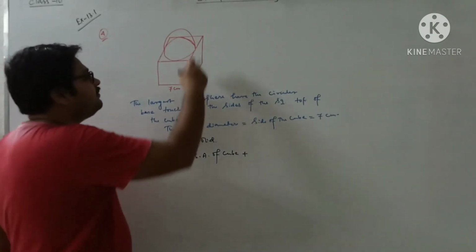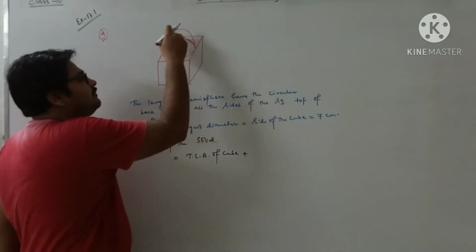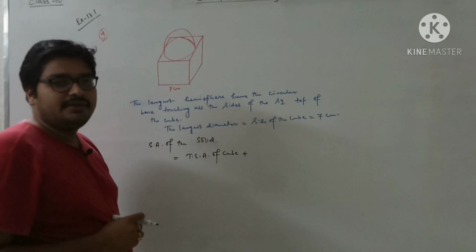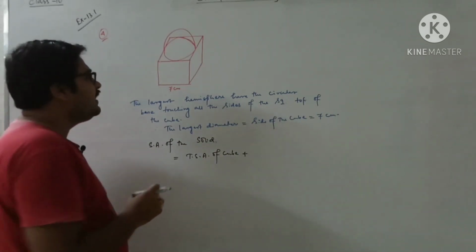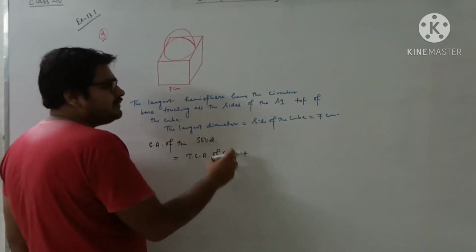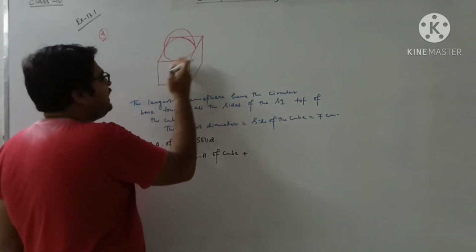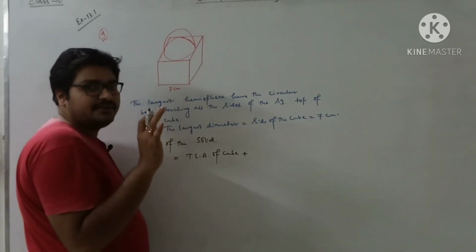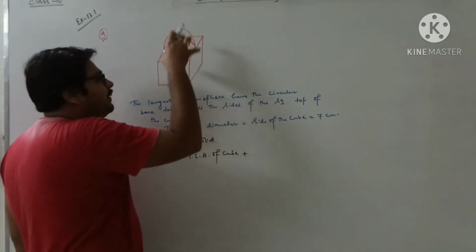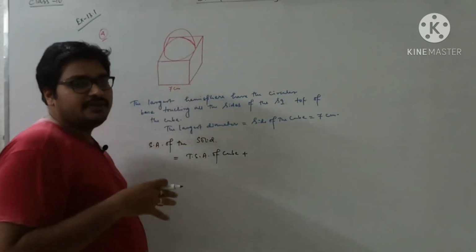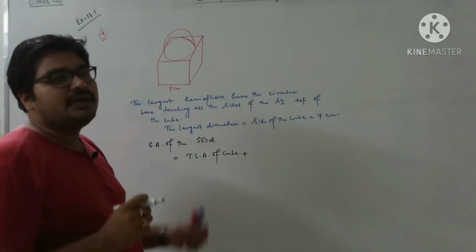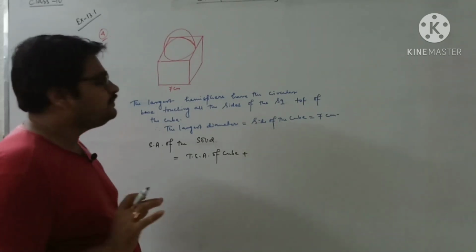That's why, since I have put it on the upper surface, I will find the surface area of the corner portions only. How will we find that? Whenever I take the total surface area of the cube, that means all the face areas. These 5 faces are completely free, but the top face is occupied by a hemisphere, not completely, keeping all the corners as usual.